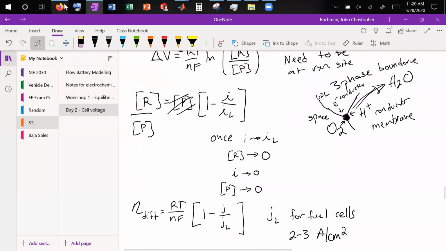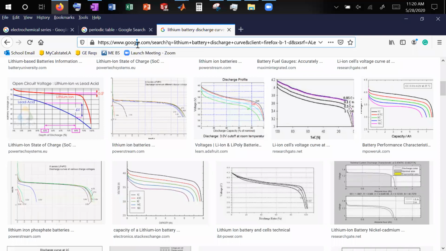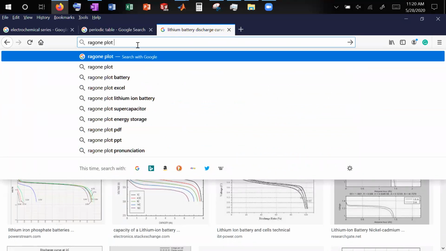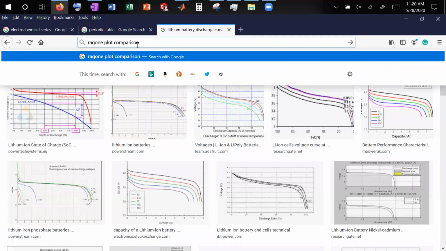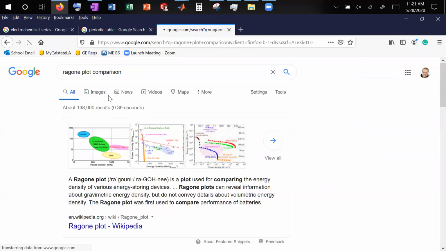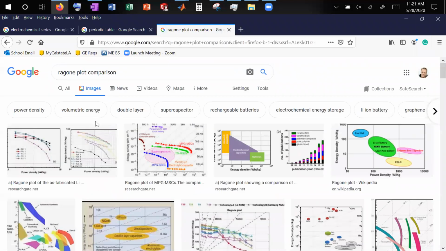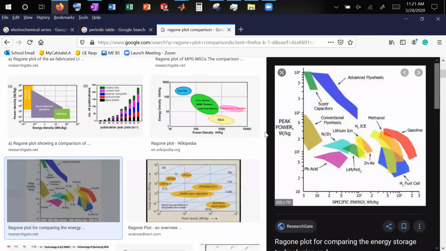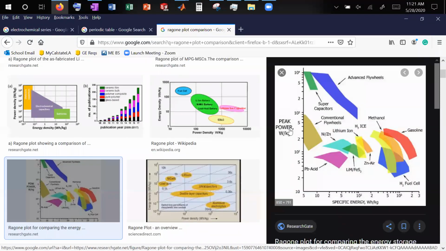So let's see here. Maybe we can find a good one. Let's get the real one. So here you can see, here you have energy and power, right? So you have these capacitors that are super high, the batteries, internal combustion engines.